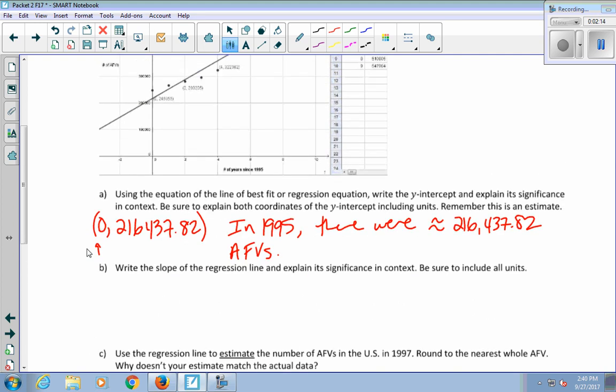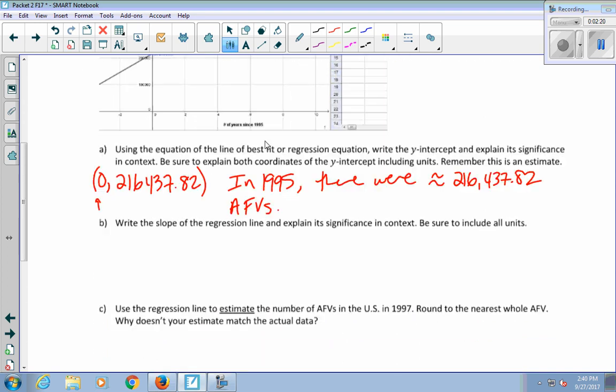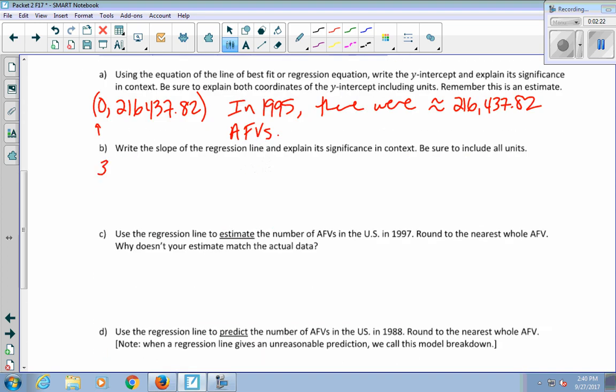Now the slope of the regression line, and explain its significance. So 35443.28. And remember, slope is a rate of change, so it's always helpful to put an over 1 if it's just a plain old number. It's change in y over change in x, and your y units are AFVs, and your x units are years.